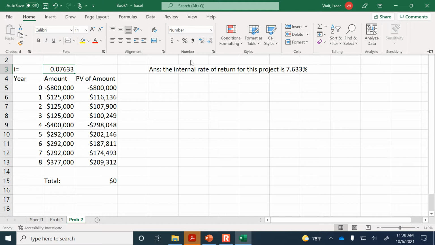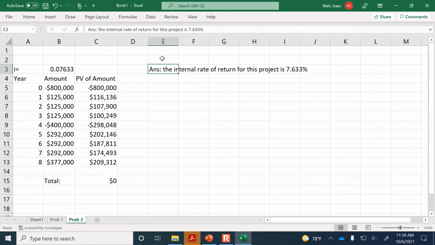It's good to get in the habit of typing a conclusion, because it'll remind you later on what you did after a certain analysis. It's one thing to know where to click and how to drag down, the mechanics of setting up a spreadsheet. That's valuable information, but probably even more important is the interpretation and the application of that process.